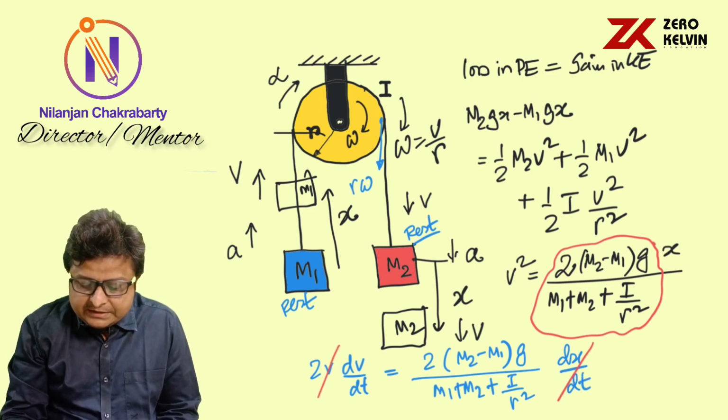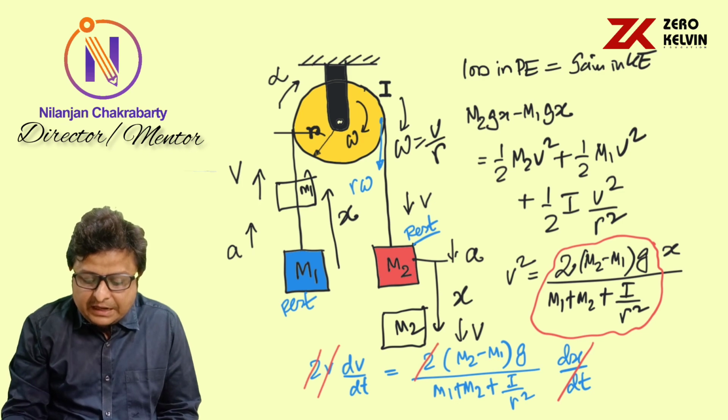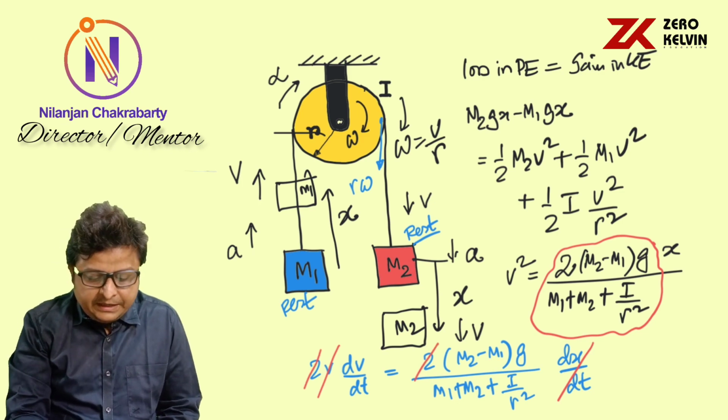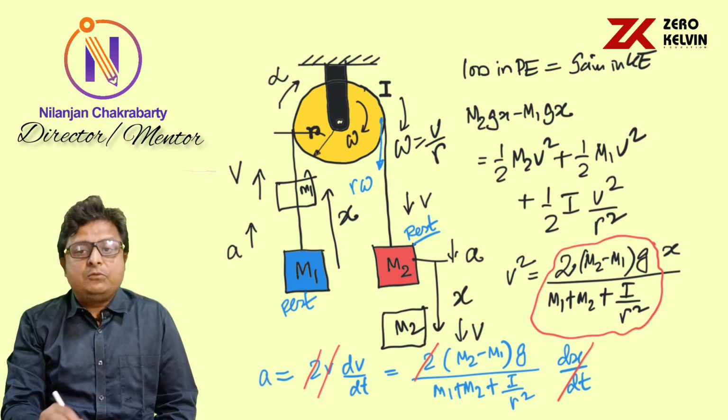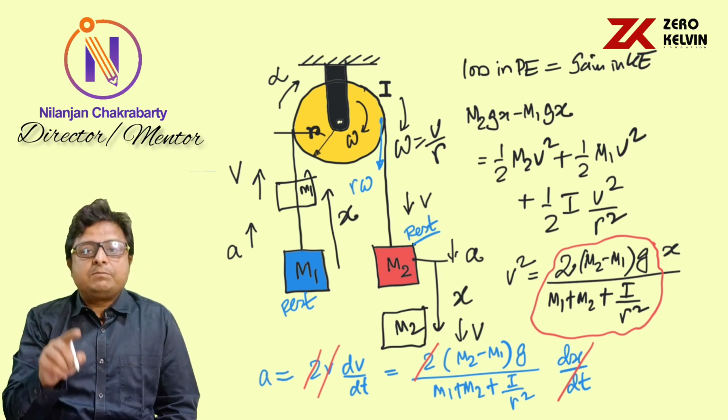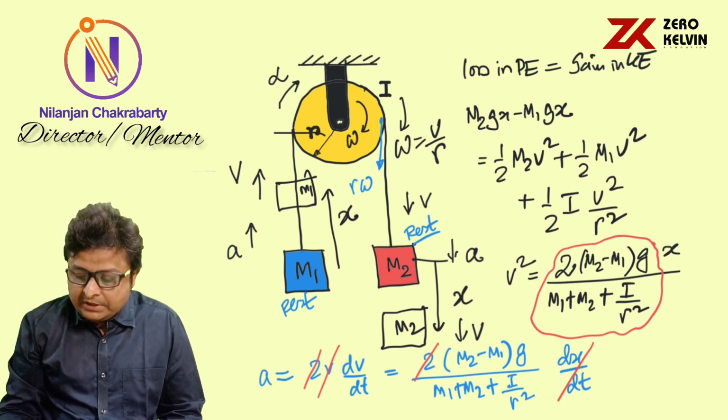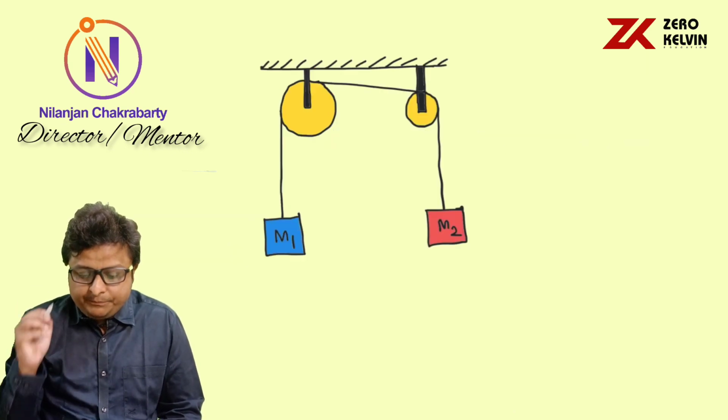So v and dx/dt cancel, and the 2 and 2 cancel, and dv/dt is nothing but a. So you have got the answer: a is equal to (M2 minus M1) g by (M1 plus M2 plus I by r squared). Let's take up another problem.